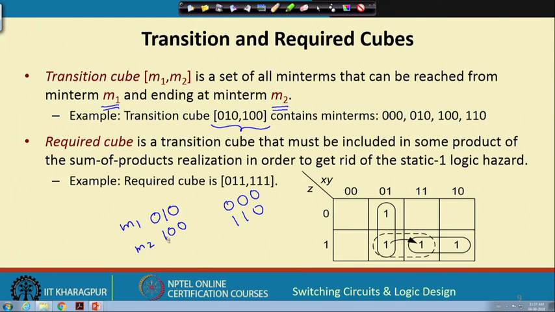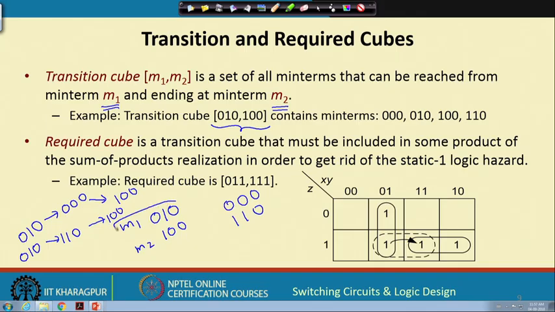You see, to change 0 1 0 to 1 0 0, one possibility is I can go to 0 0 0 first, then I can go to 1 0 0, or I can start with 0 1 0, go to 1 1 0 first, then go to 1 0 0, single input transitions.